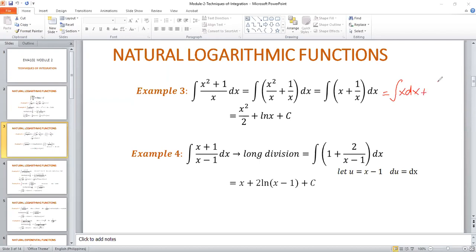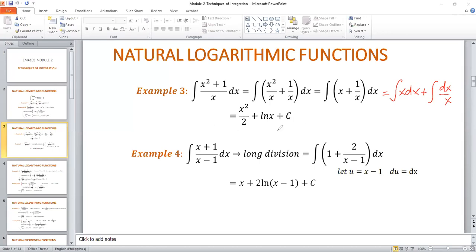You evaluate this piece by piece. So you have here integral of x dx, and in here you have the integral of dx over x. If you integrate this, that would use power rule, x squared over 2, and this one is the ln of x. Of course, plus c because we're dealing with an indefinite integral.